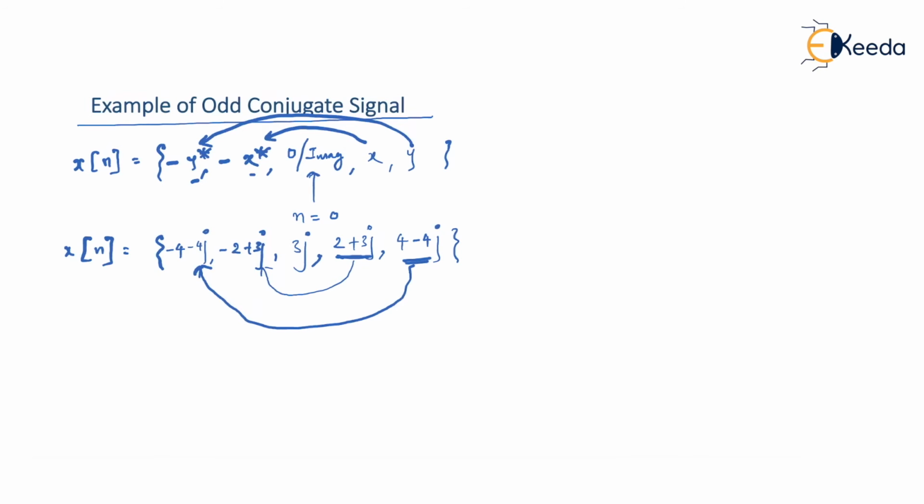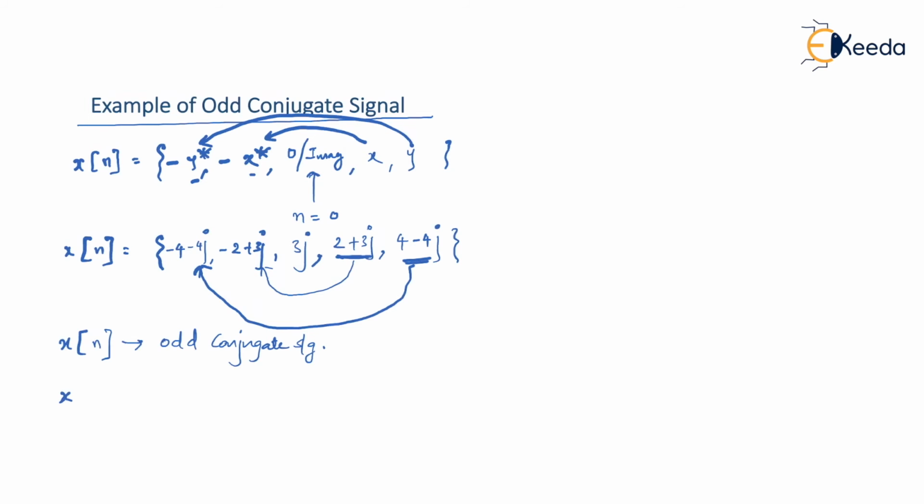Is that right? So now we can say that the given x of n signal, since it is following the above format, therefore x of n is an odd conjugate signal. So I'm claiming that x of n is an odd conjugate signal. But of course, we will prove how it is an odd conjugate signal.